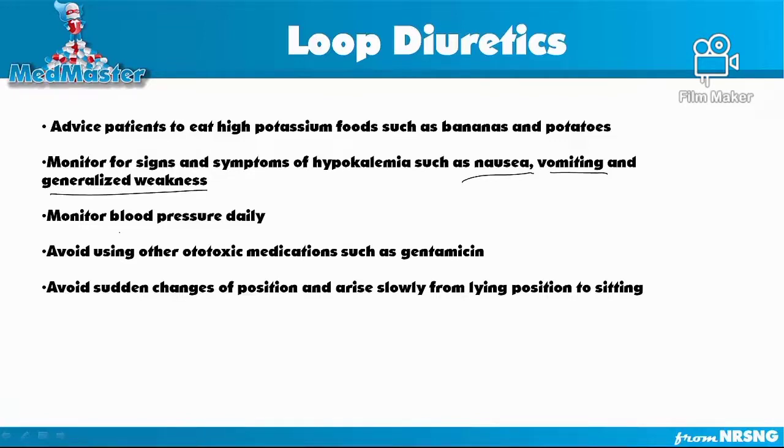We have to tell them to monitor their blood pressure daily, and avoid using other ototoxic medications such as gentamicin. Since this medication can cause sudden changes in blood pressure and hypotension, we have to educate the patient to avoid sudden changes in position, rising slowly from lying to sitting and so forth, because it can cause a significant decrease in blood pressure and dizziness.